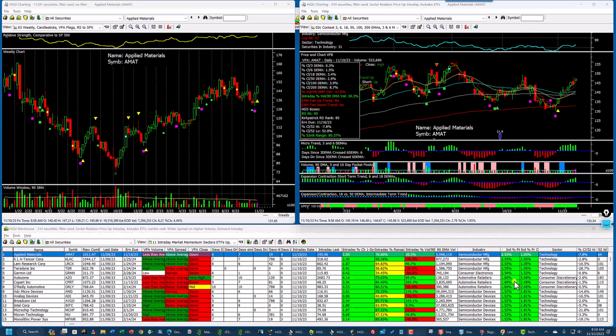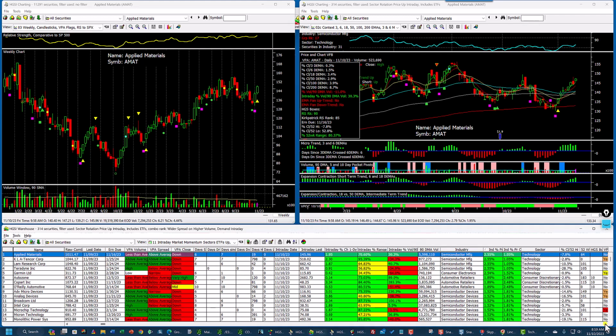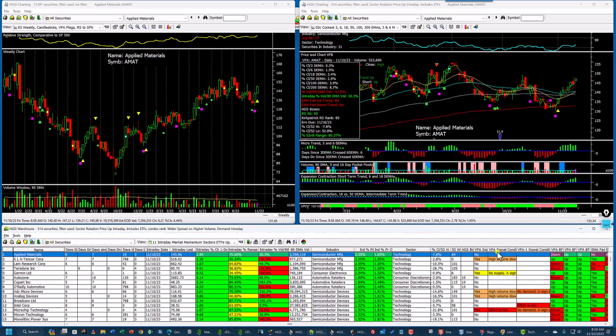Now I actually use a wider screen for this, but I'm trying to keep these symbols so you can see them. What I like to do is go down these columns and see how old these signals are, and at the same time look over here for the VPA flags. Now these are negative signals here, like KLA 10 core.